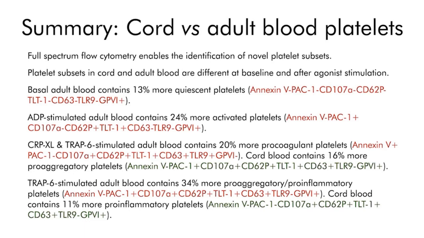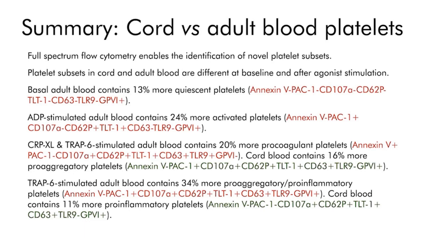ADP-stimulated adult blood contained 24% more activated platelets with a PAC1 positive pro-aggregatory phenotype that was consistent with secretion of granule contents due to CD62P and TLT1 positivity.